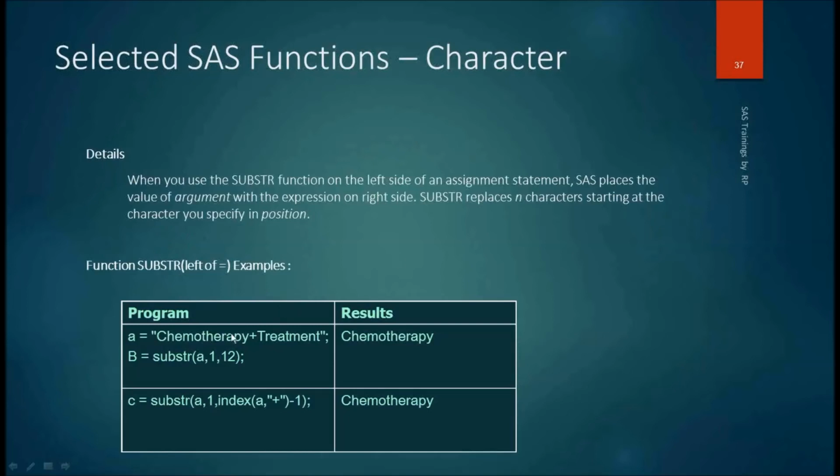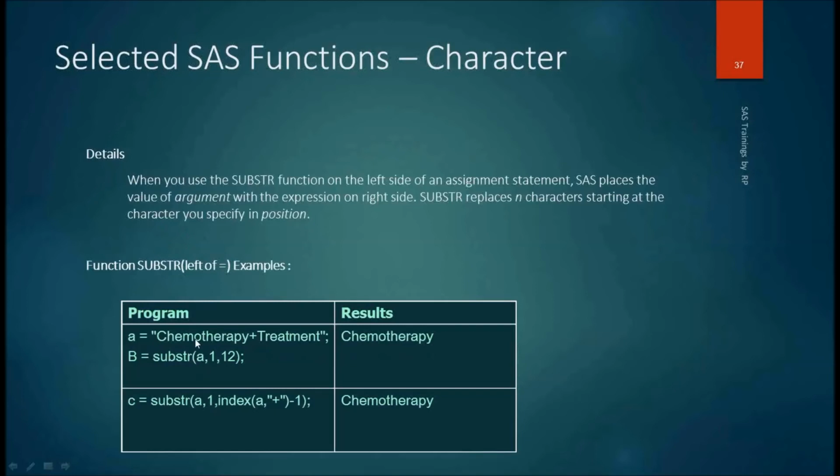So if we see the example of the substring function here, we have a variable called A that contains chemotherapy plus a treatment. My requirement is to consider only chemotherapy from this character constant. So I have used a substring function, and A is my argument.